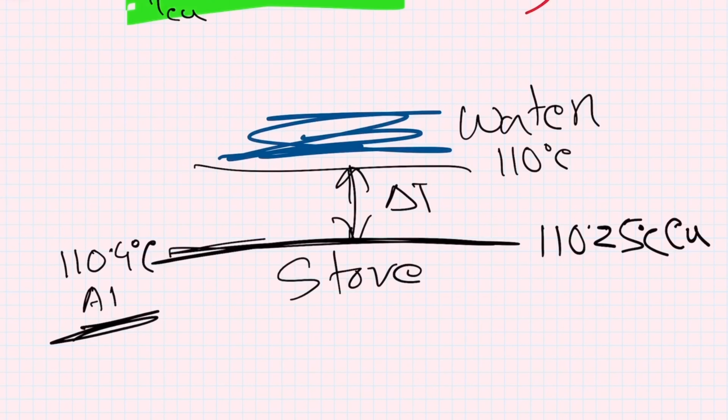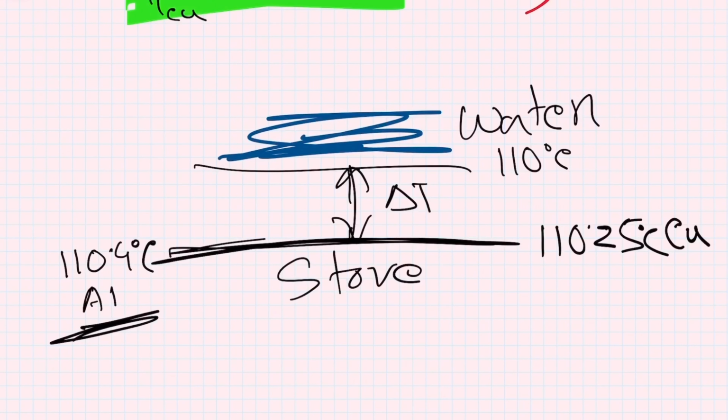If you subtract 110 from 110.4, you get 0.4, but if you subtract 110 from 110.25, you get 0.25. So this is one of the effects of using a highly thermally conductive material. The more conductive the material, the more flexibility you have to maintain a smaller temperature difference.